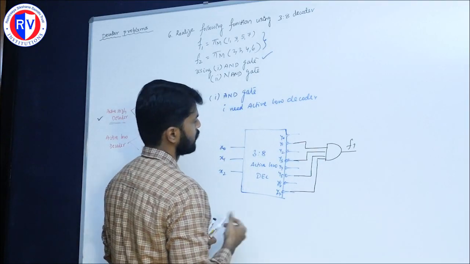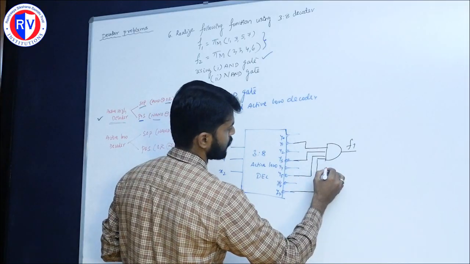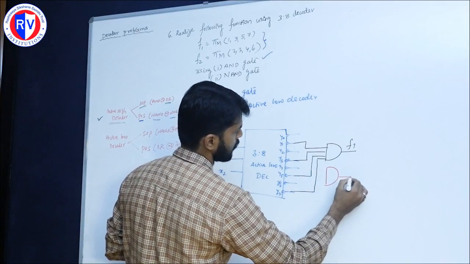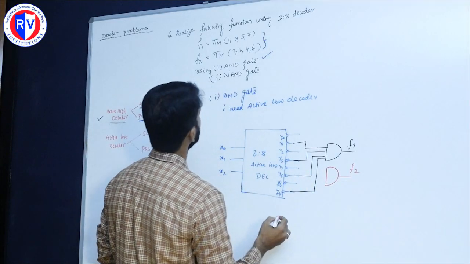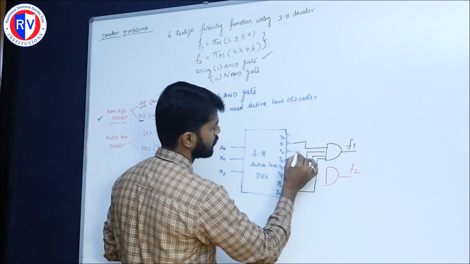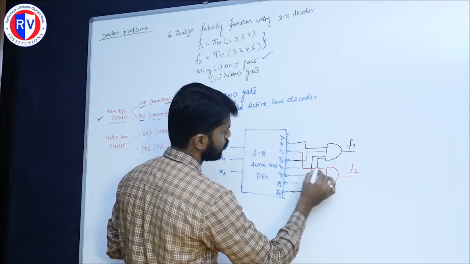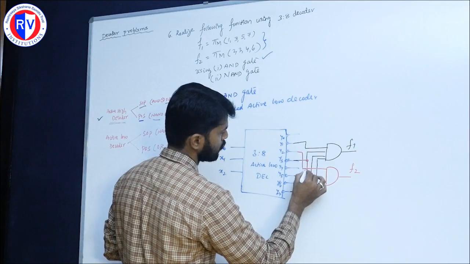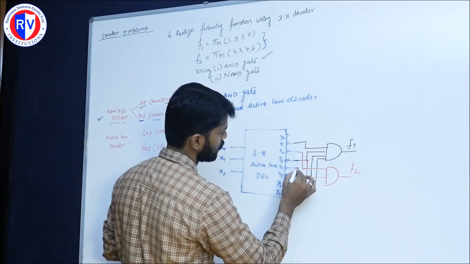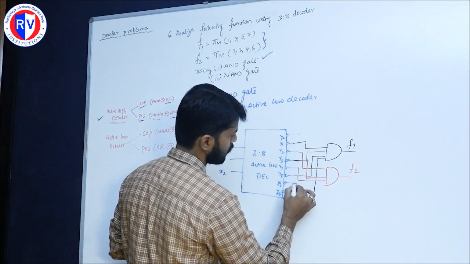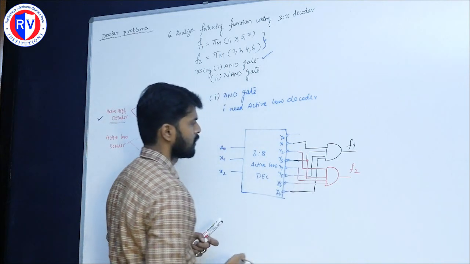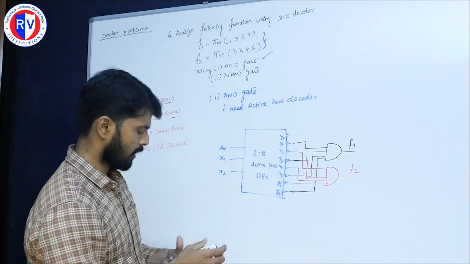Similarly, to design the second function F2, with minterms 2, 3, 4, 6, outputs 2, 3, 4 and 6. This is using an AND gate.